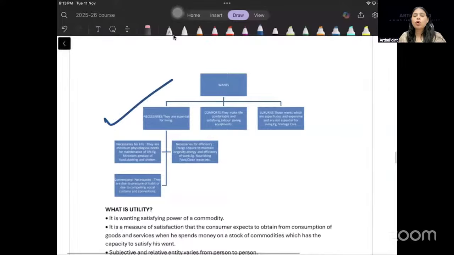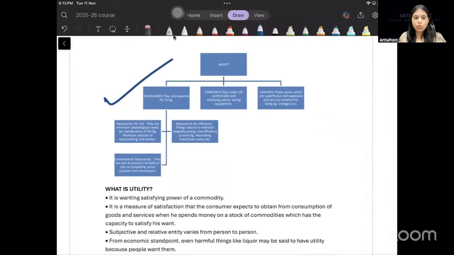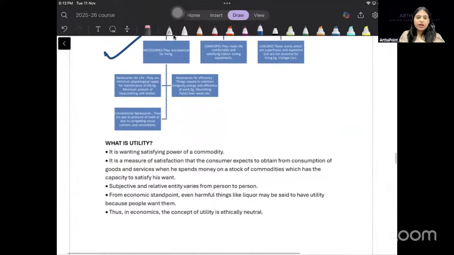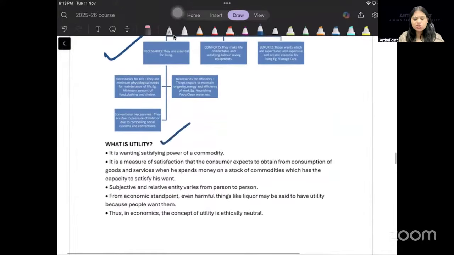And we always want to satisfy those needs first. We want to ensure that our income lets us buy the needs. Of course, as income increases, what you need can increase and your wants can increase, but want is always unlimited. Now, what is utility?